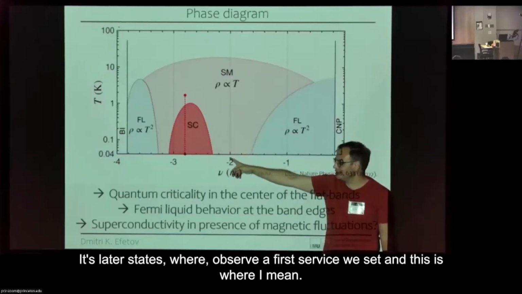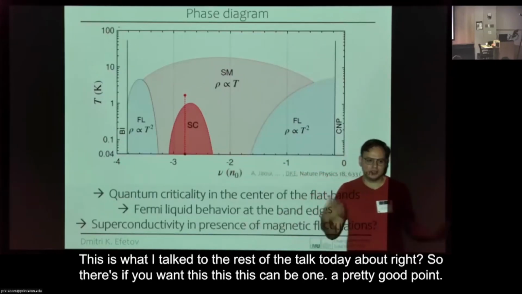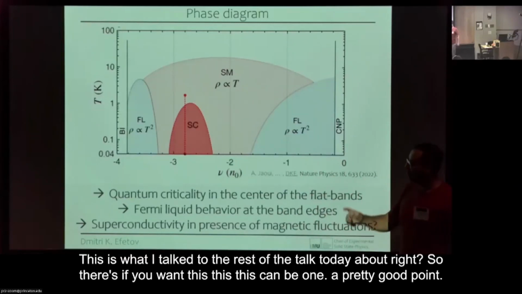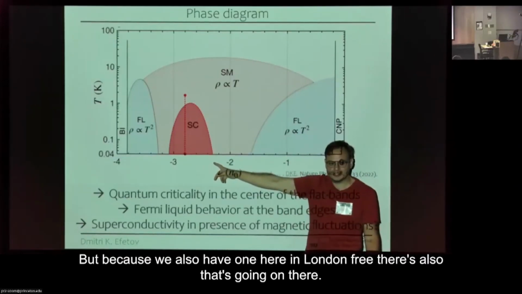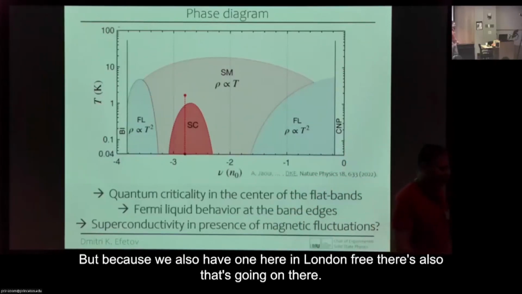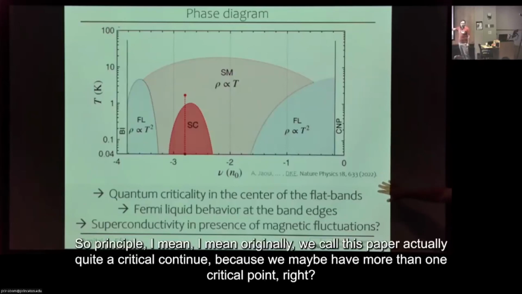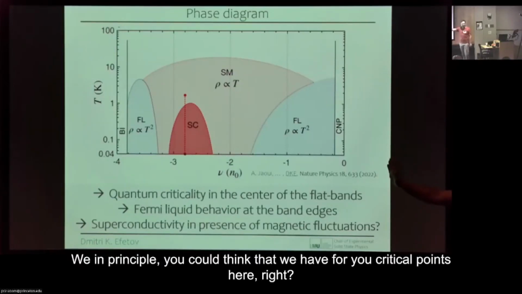So if you want, this can be a quantum critical point, but because we also have the -1 here and -3, there are also Fermi surface resets going on there. Originally we actually called that paper quantum critical continuum, because we maybe have more than one critical point. In principle, you could think that we have three critical points here, right?